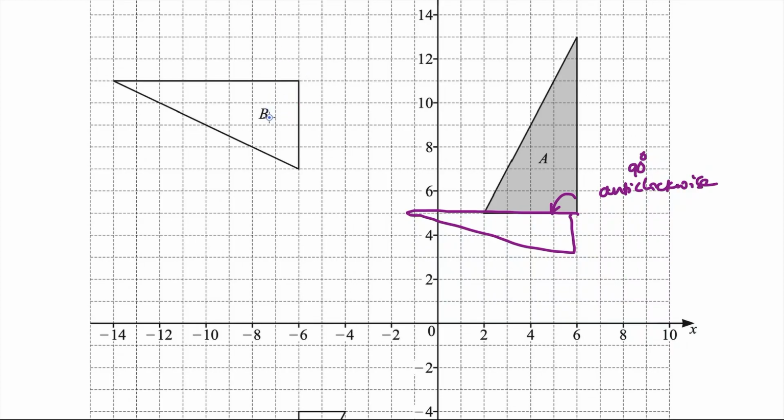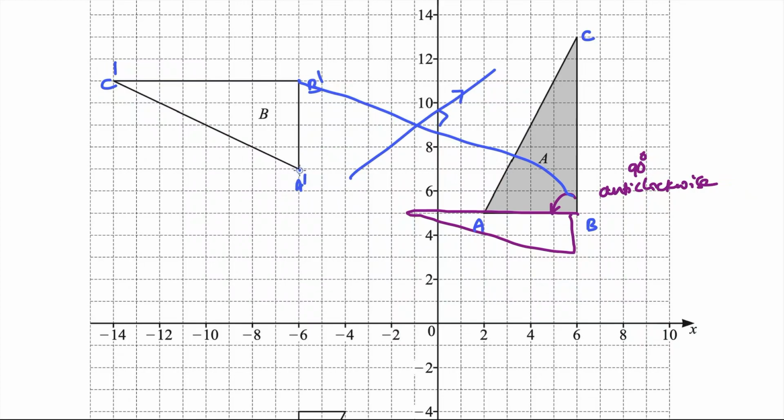Actually what you do is you pick corresponding points A dash, B dash, C dash. So this is B and this is A and this is C, right? Now B and B dash, you will join them and you will draw its perpendicular bisector.